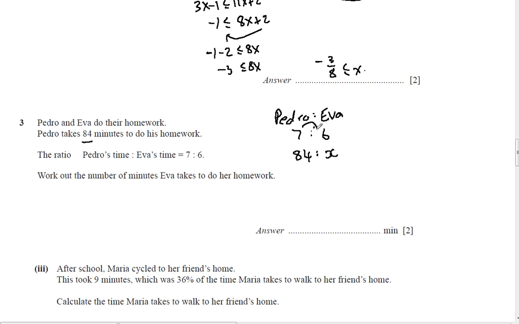To go from 7 to 6, you've got to multiply by 6/7. You can multiply 7 by 6/7 because it'll cancel, giving you 6. So this is like the scale factor between the ratio here. To go from Pedro's time to Eva's time, you just multiply by 6/7. So 84 times 6 divided by 7 is 72.